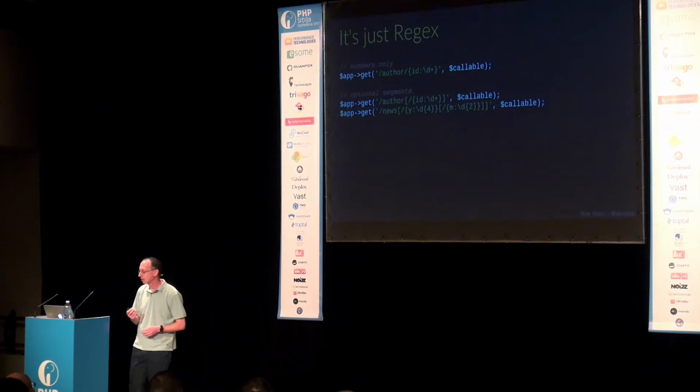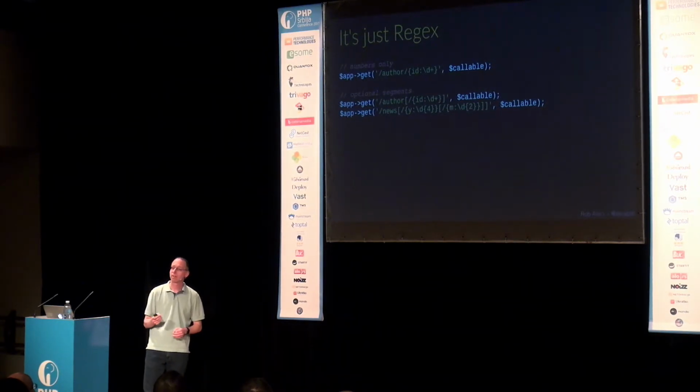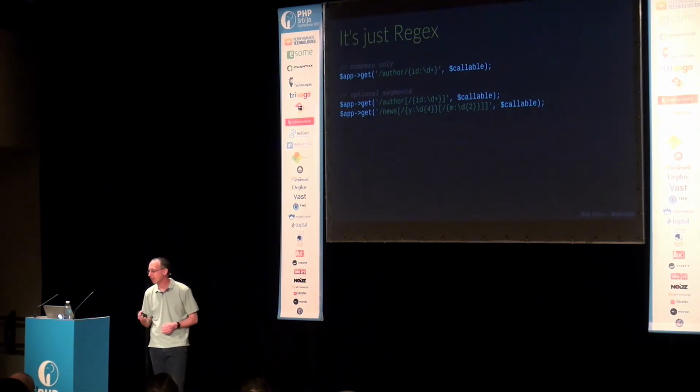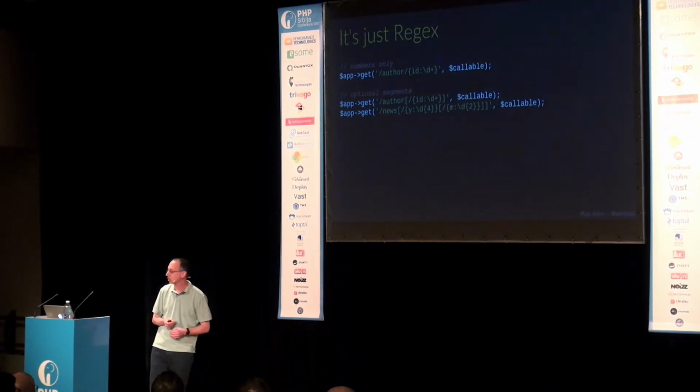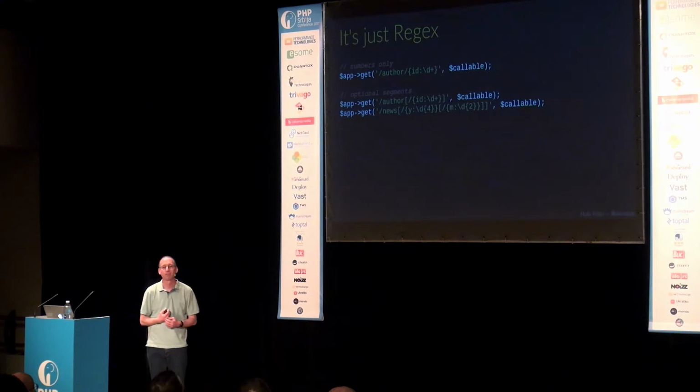So here I've got \d+, which means it must be a number and there must be at least one character, or one digit. Or I could do something more clever. I could do year, month. Year must be 4 digits and month must be 2 digits, as in the last example on that slide.